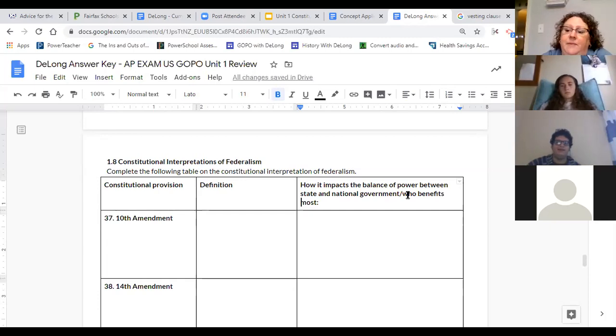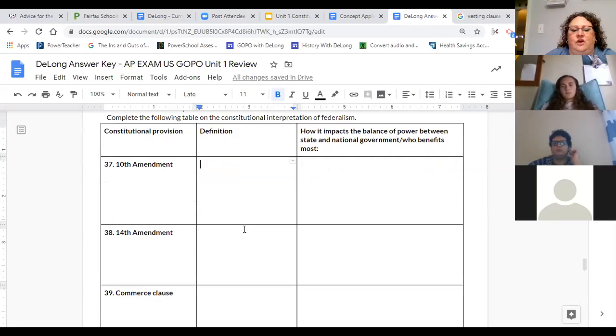Yeah, so think about, for example, Gideon versus Wainwright, where they gave the right to a lawyer, your Sixth Amendment was applied. So Florida would feel like that's restricting their power because they had made that decision. So does that make sense, how the states could see that as taking away some of their power, their decision making, if you will?